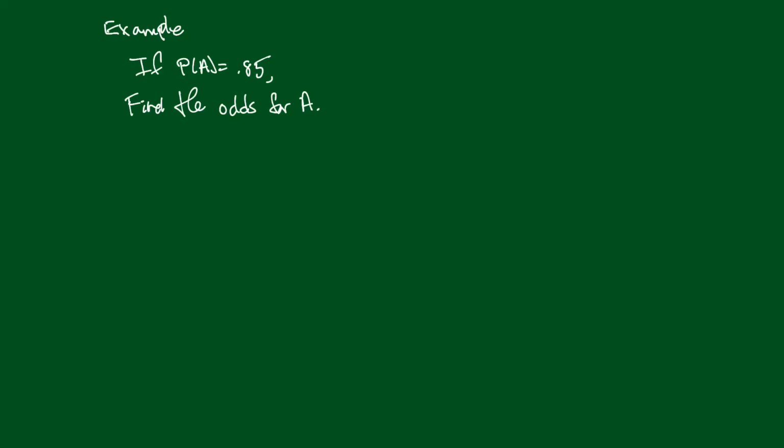Now, suppose the probability of A is 0.85. Can we find the odds for A? Well, here's what we have. The probability of A is 0.85, but when we write our odds, it's A over A plus B. We've got a fraction. I'm going to convert this to a fraction.